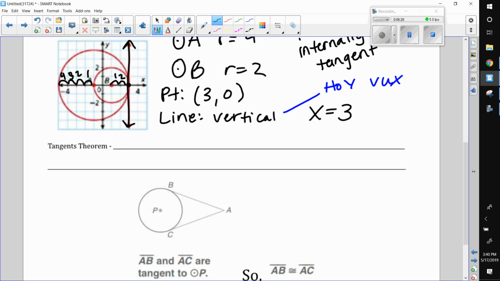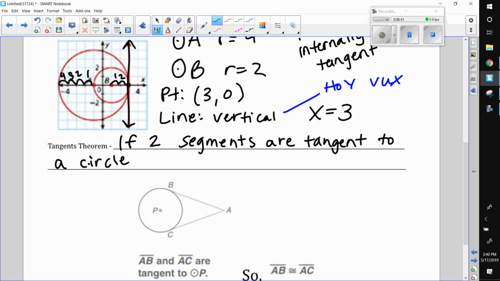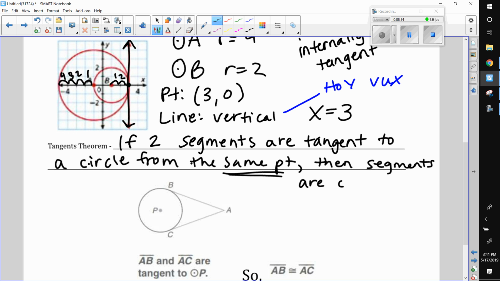Okay, we've got, if two segments are tangent to a circle from the same point, and that's the important part, then the segments are congruent. We're bringing this word back, which means that they're going to be equal to one another.